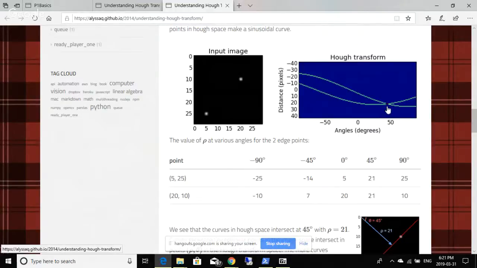This is essentially saying that there is a line that intersects this here at 45 degrees, and distance in pixels. So this is how far it is away from the origin.